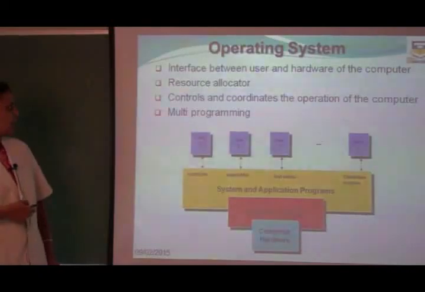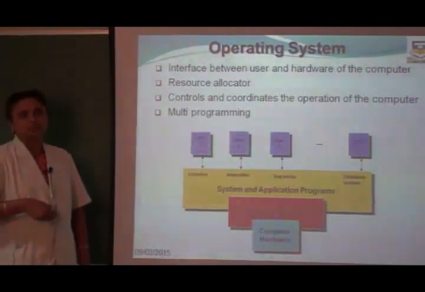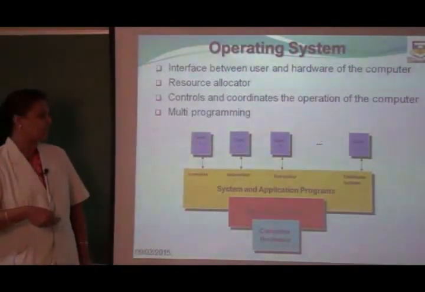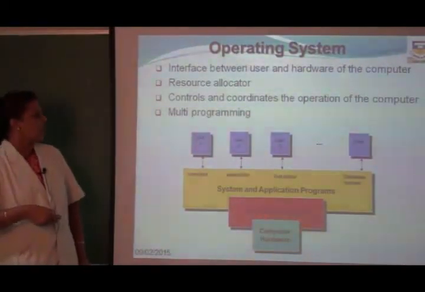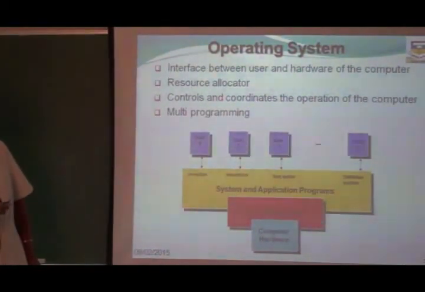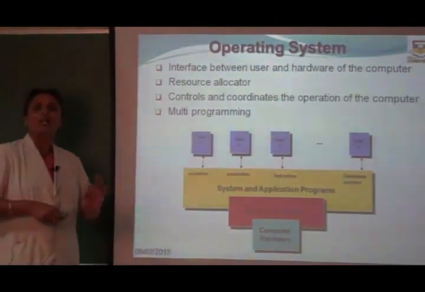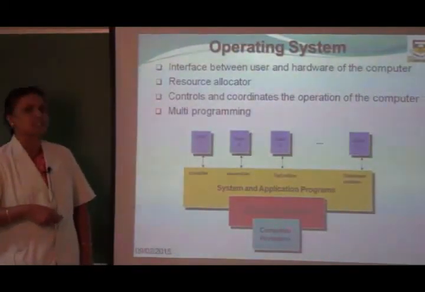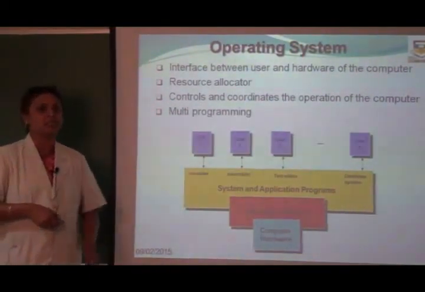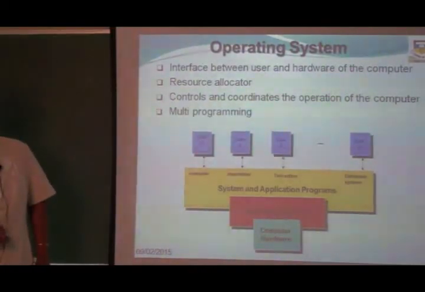Every user process can execute its program only by using the resources, which are given by the operating system. So the operating system is called the resource allocator. It is also used to control and coordinate all the operations of the computer. And the operating system provides an environment in which the user can execute their applications.